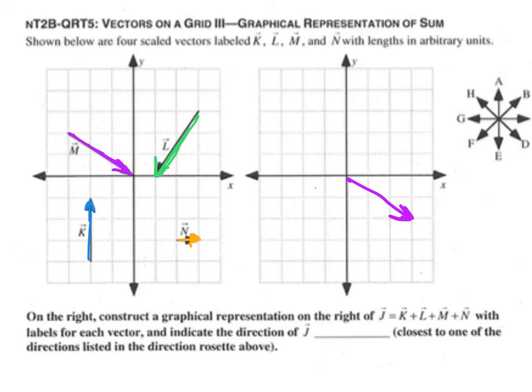So that's m. And now I'm going to add n. And then I'm going to add k. Sure. And then finally I'm going to add l, which is 3 down and 2 over.